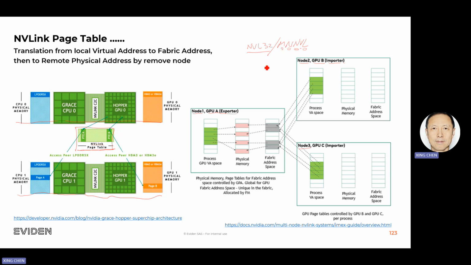That means you have multiple nodes. You have node 1, node 2, and node 3, and each node is running its own operating system. You have operating system instance 1, instance 2, and instance 3.